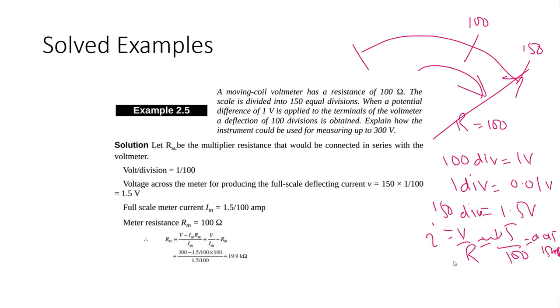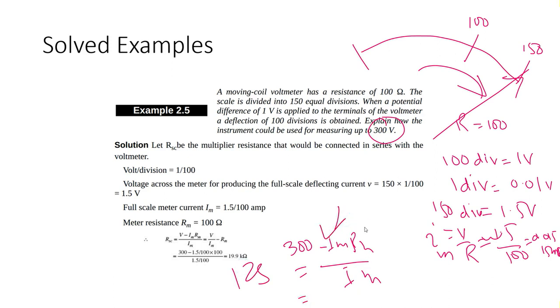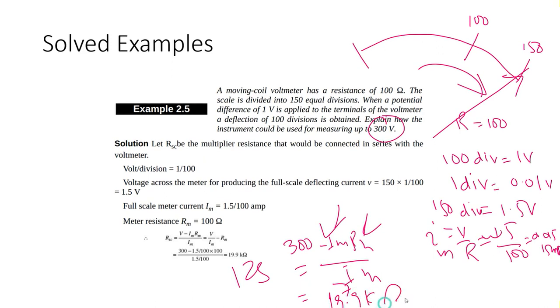So 15 milliampere is our IM, the maximum current of the galvanometer. Now we want to convert it to a 300 volt based meter. So RSC is (300 minus IM RM) divided by IM. Put the values of IM, RM and IM again, and you get 19.9 kilo ohm. So this is the solution. I hope you have understood it now.